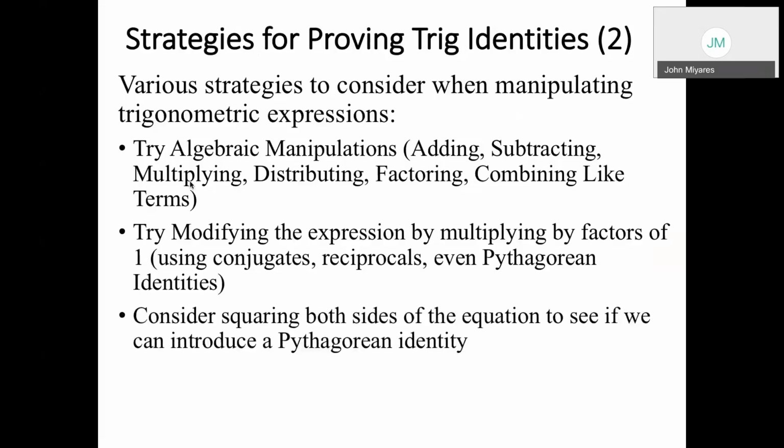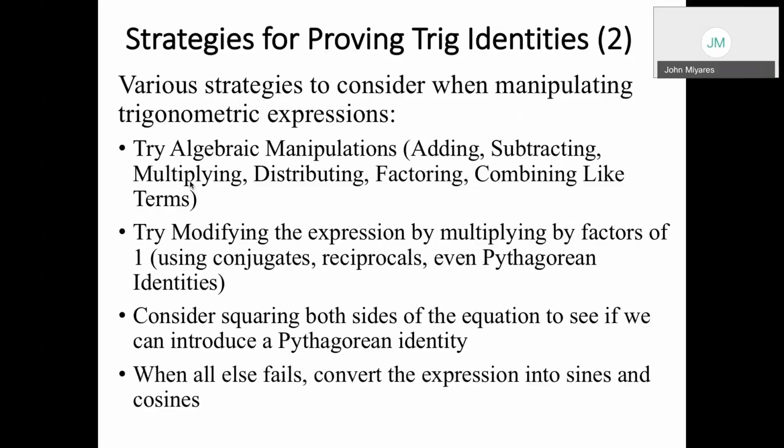Sometimes you might try squaring both sides of an equation to see if you can introduce a Pythagorean identity relationship. But that's not always the best idea because, as a general rule, you want to try to avoid manipulating both sides of the equation when you can. When all else fails, you can turn everything into sines and cosines using the reciprocal identities and the special reciprocal identities to see if you can get some things to cancel.